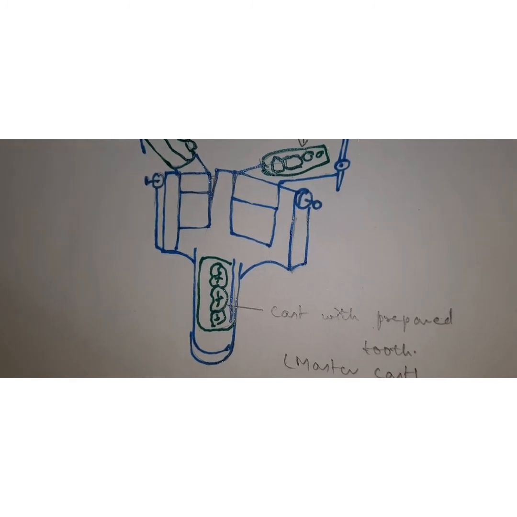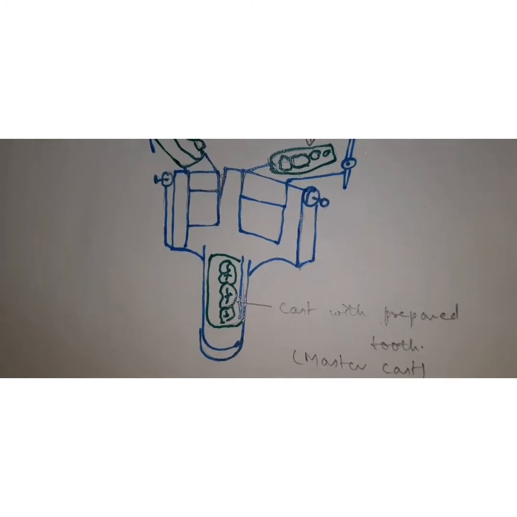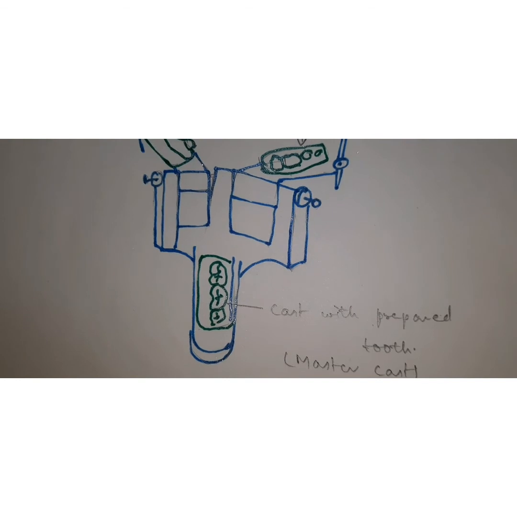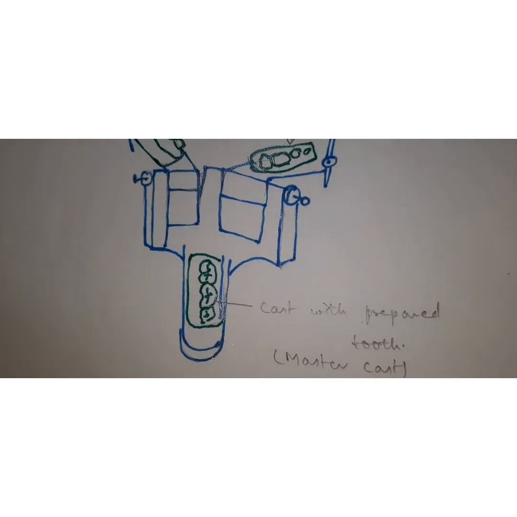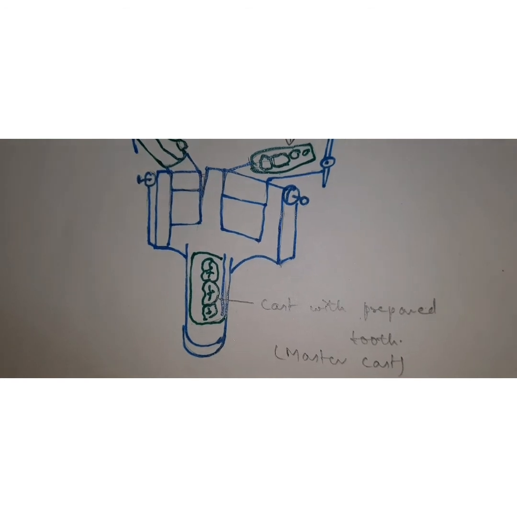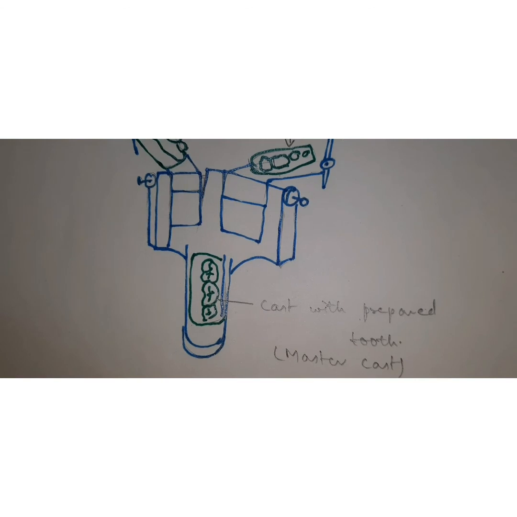You will finish and polish it, and then check it in the patient's mouth. Mostly in such cases you will not find any interferences. So this is a very simple procedure in which you reduce the amount of interferences and reduce the chairside time.